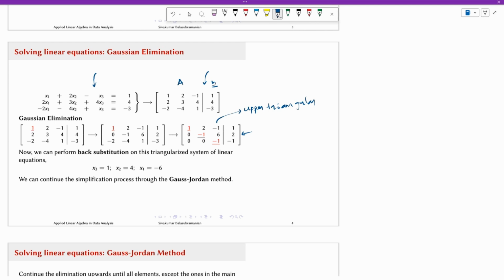And that's essentially what we aim for in Gaussian elimination. We try and convert A into an upper triangular form. It's not always possible, but the best that we can get when there is a unique solution is when you have a square A, and then what you're trying to do is convert A into an upper triangular matrix. So this is upper triangular.